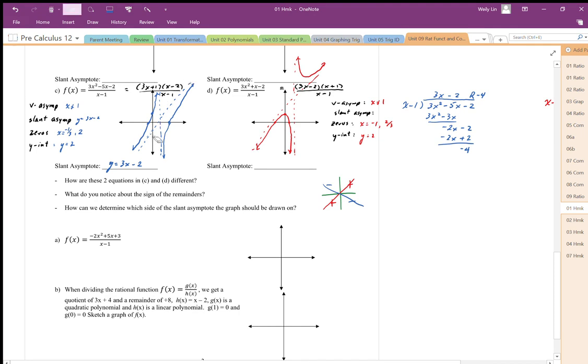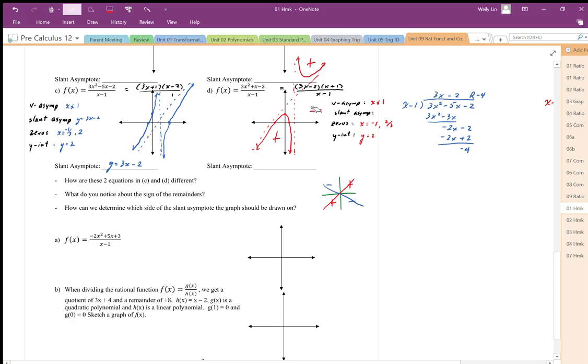It's either going to be along this diagonal or along that diagonal. If we take a look at the red graph, the positive remainder tells us it's along this diagonal, and the negative remainder would go along that diagonal there.